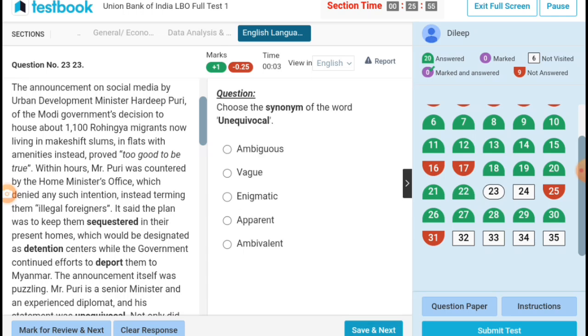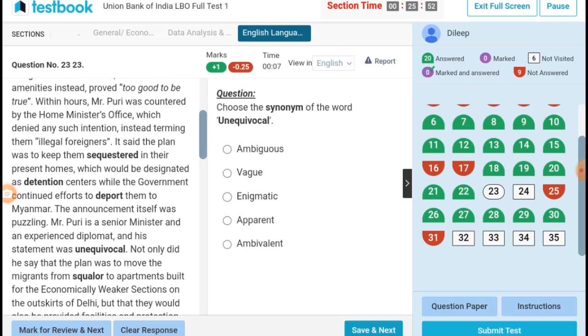Synonym of unequivocal. I think it is apparent.